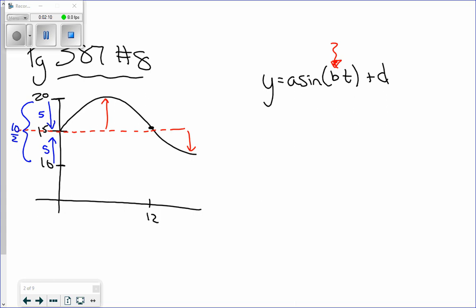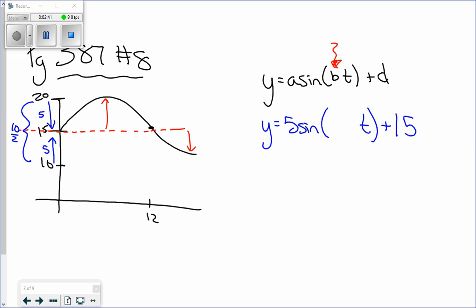So the amplitude calculation, as well as eyeballing the midline, those two answers should give you the same number, right? They should both work together. If they're working against each other, you've done something wrong. If you end up at the same spot with each one, then you know you're on the right track. So we know that our amplitude is 5, and we know that our midline is 15.